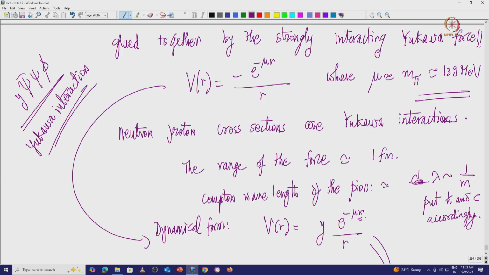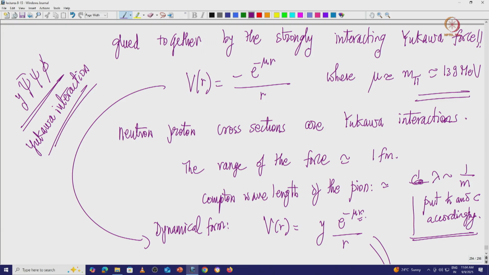In this case, the potential we are considering is the Yukawa potential, and if you want to make it dynamic, this is the static thing, e to the power minus mu r by r. The mu sets the range of the potential, which is about 1 Fermi, essentially the rough size of the nucleus, and it is also set by the Compton wavelength of the mediator, 1 by m or 1 by mu.